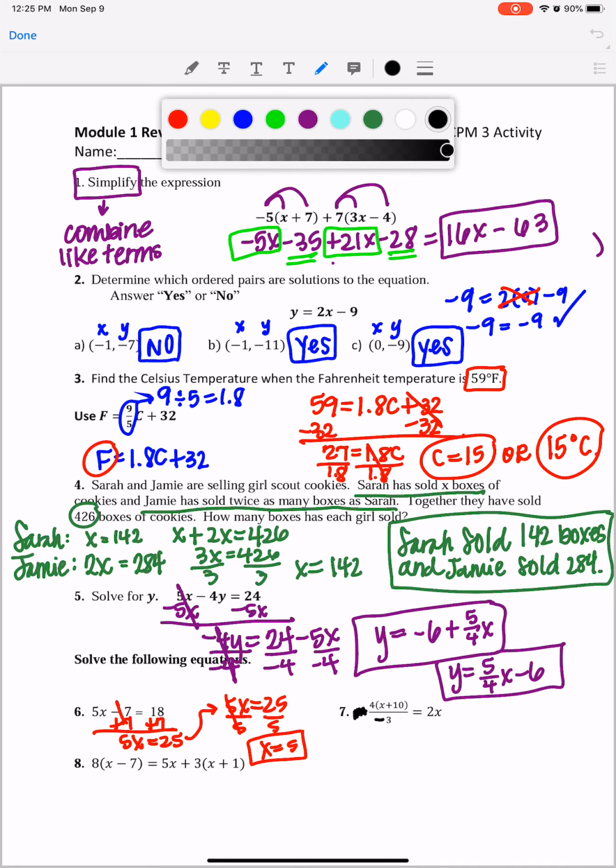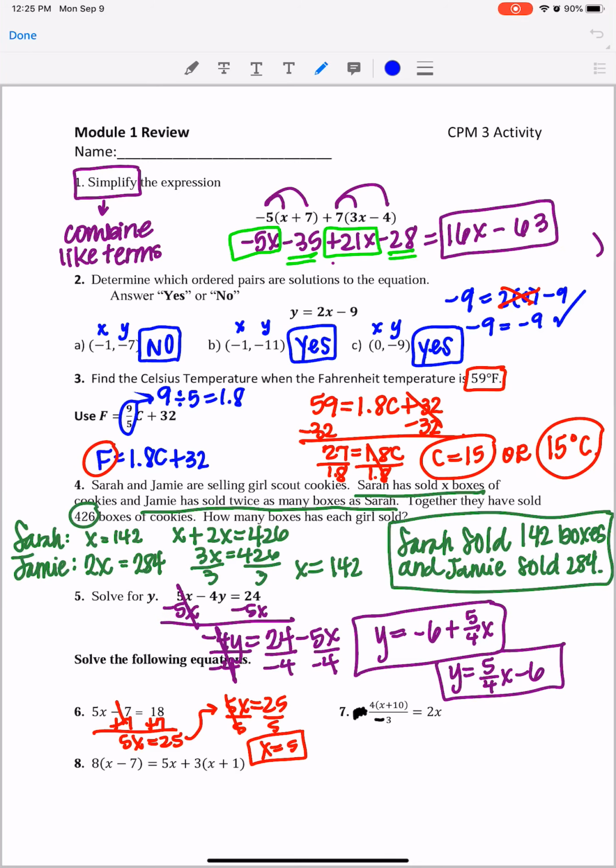A lot of people get stuck on this one because of this side, of course, being a fraction. Don't let that fraction stump you. What does this bar right here represent? That's just division. The opposite of dividing something is to multiply. So I'm going to multiply both sides by a negative 3.